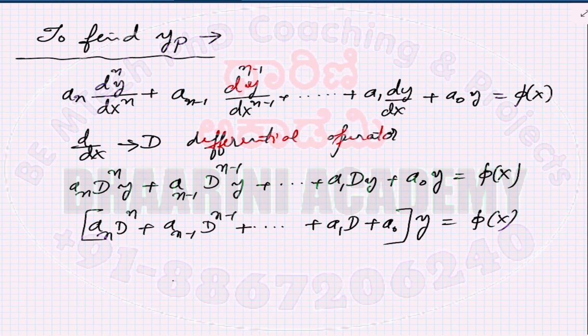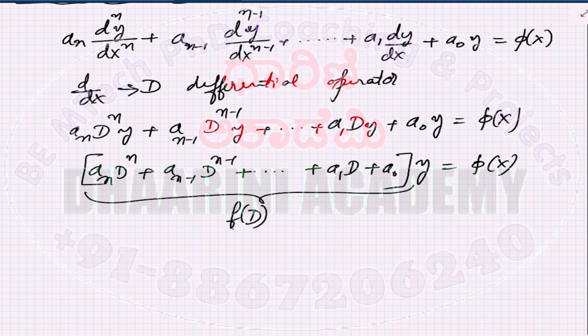We denoted this whole function as f of D, a function of D, correct? So what we are trying to do here is move this f of D to the other side. F of D can be anything. When f of D goes to the other side, the y will become yp. It's a particular case because it depends on the phi of x that is present on the right side.